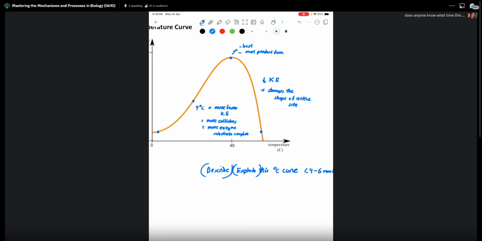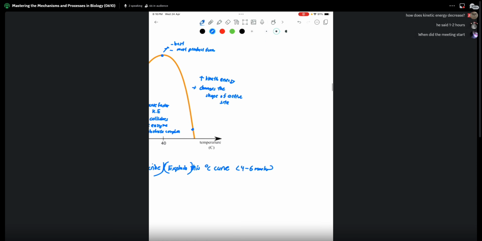Because of the active site change, the key cannot bind with it anymore. How does kinetic energy decrease? Sorry, not kinetic energy decrease. I'm so sorry. When kinetic energy further increases, this causes more vibration and distortion of the structure. Apologies, apologies.